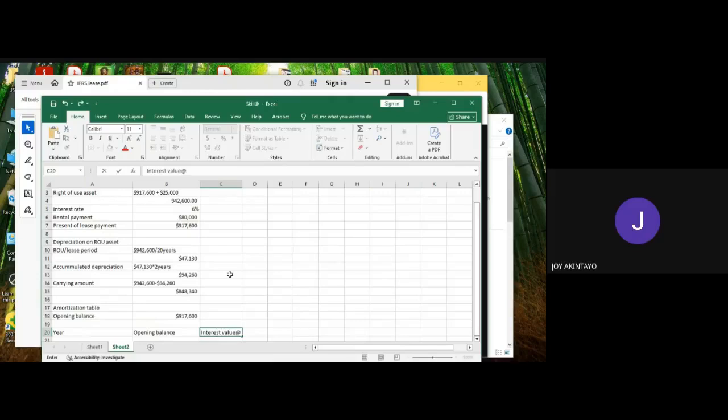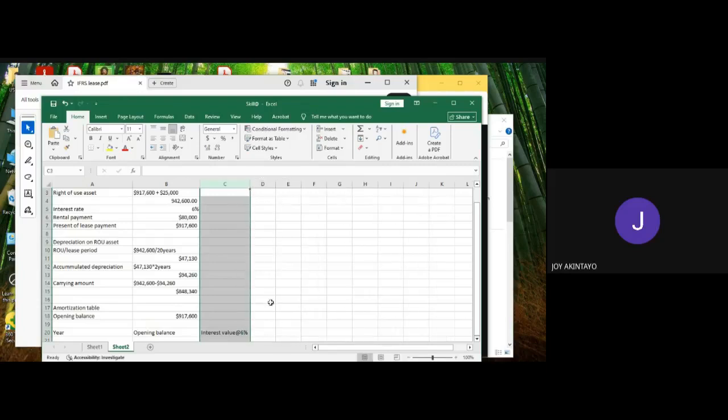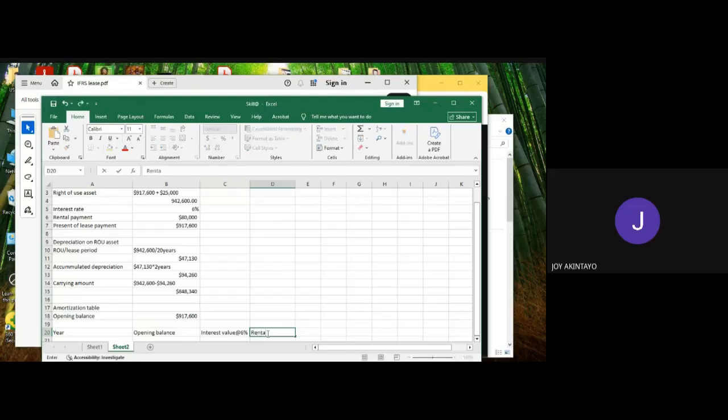What is our interest rate? Our interest rate is 6%. Abi. Then rental payments. Then closing balance.